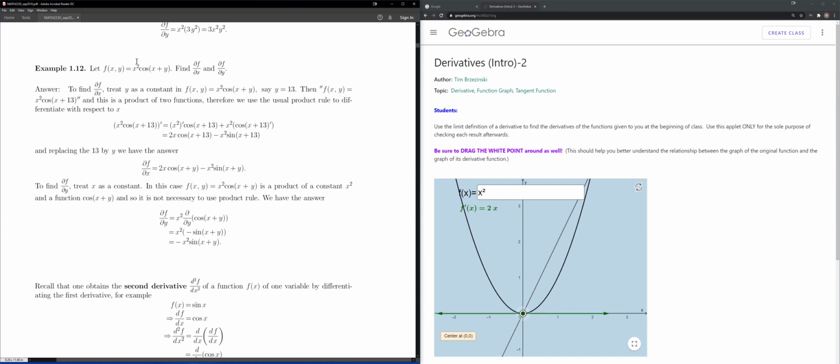Okay, so first let's do the partial with respect to x. You look at this and you realize, I have x squared times cosine of (x plus y).